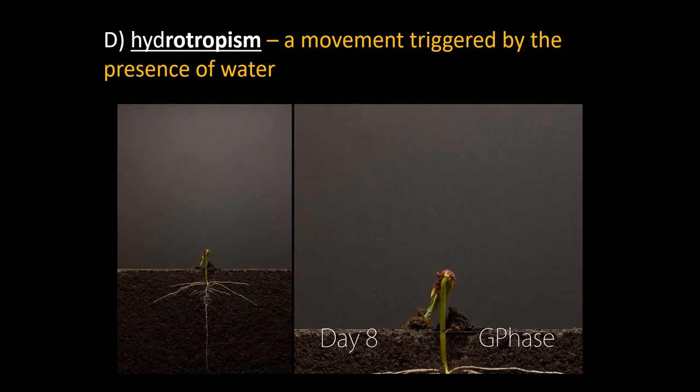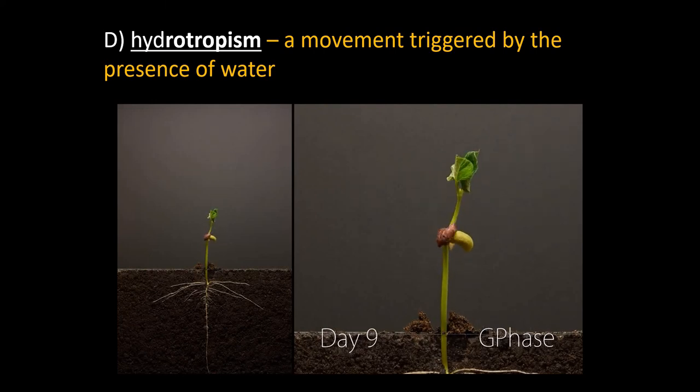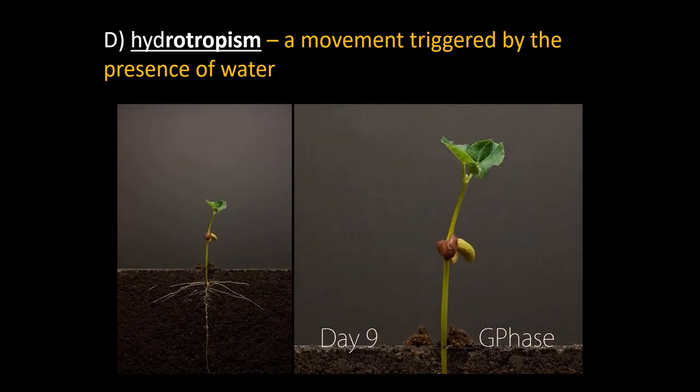Okay, so you can see the roots are definitely going down towards the water. And we'll let the plant grow up a little bit before we stop it. We're not going to watch the whole video.